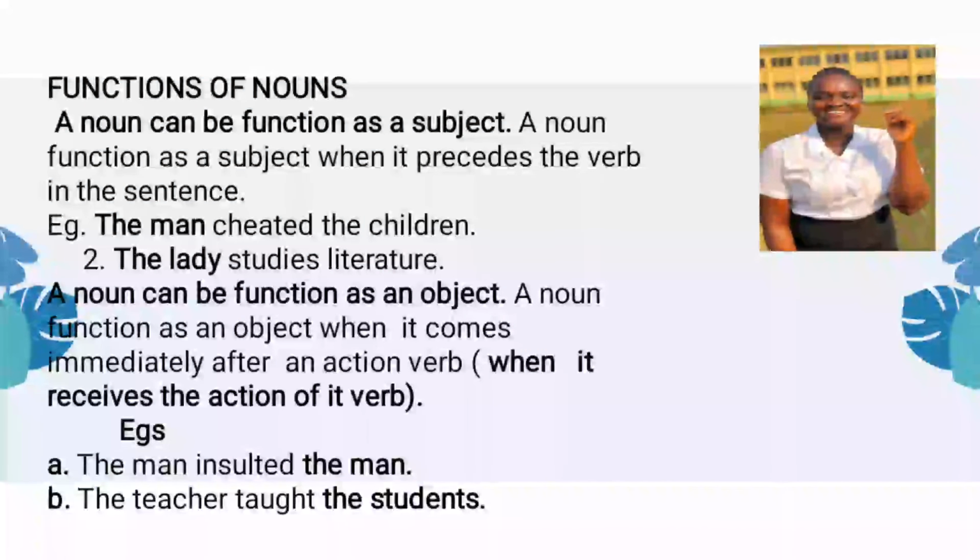Another interesting topic under nouns is the functions of nouns in a sentence. A noun can function as a subject. A noun functions as a subject when it precedes the verb in the sentence.